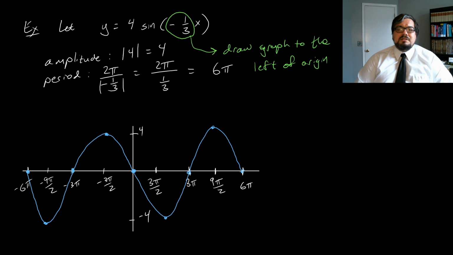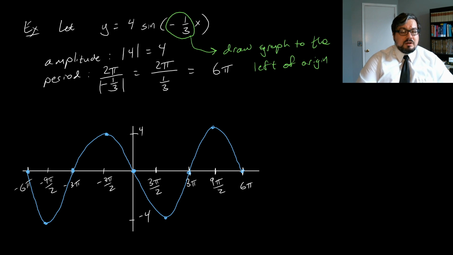Now there are some things that you can do to check your work, which is usually a good idea, especially when there are negatives running around. It's easy to lose track of things, to not get things quite correct when you're working with negatives.